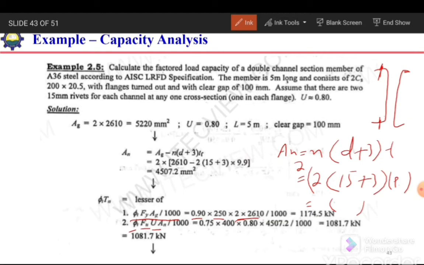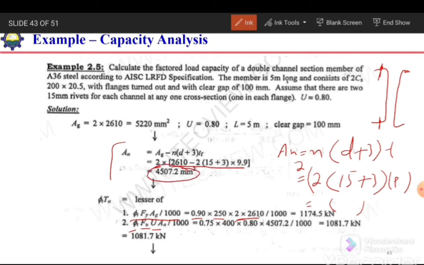So it has been calculated over here. An is equal to Ag minus n times d plus 3 into thickness of flange, because here the flange is connected, so we will use the thickness of flange. This 2 is because we are using double section, then this much is the net area for single section.